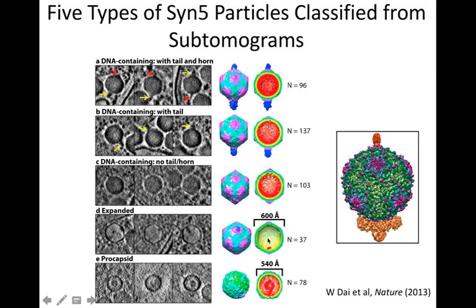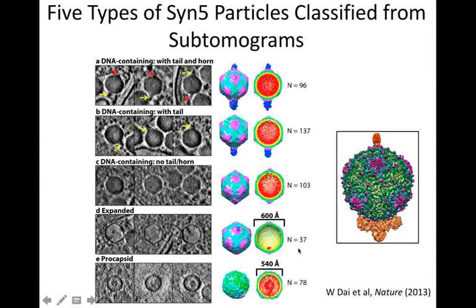The last point I want to mention is that the number of particles found in all these tomograms appears to be different. Interestingly, for this particular case, which has an expanded configuration but no DNA, only a very few particles are found in our data set.